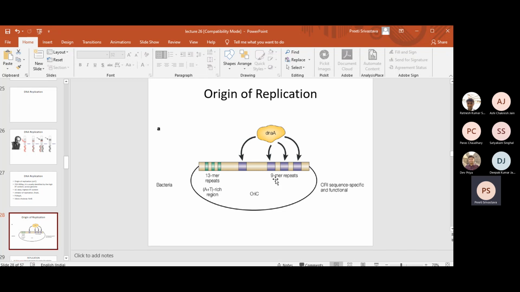The 9-mers are not that AT rich, but the 13-mers are. The moment DnaA binds to the 9-mer sequences, it creates a kind of torsional stress, as a result of which the 13-mer repeat opens up because it is very rich in AT, leading to the formation of what is called a replication bubble.